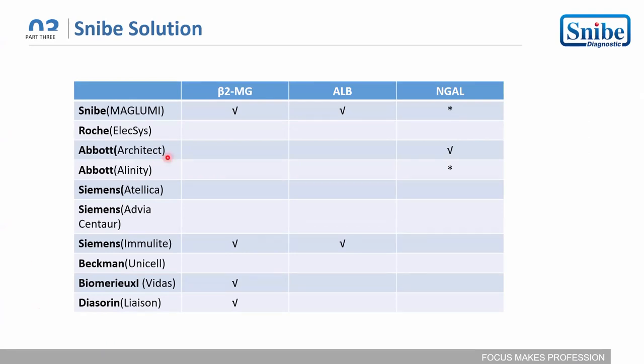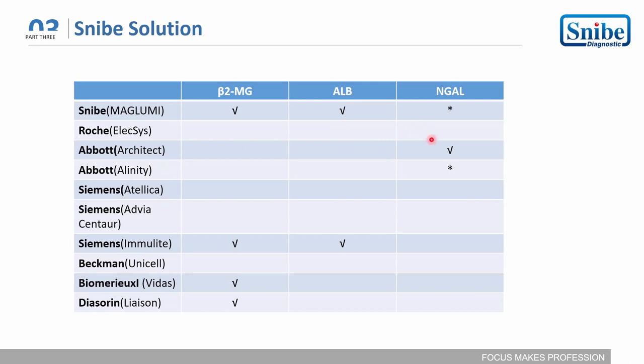So SNIBE has a solution on the MAGLUMI platform for renal or kidney function: beta-2 microglobulin, albumin, and NGAL. SNIBE MAGLUMI also provides NGAL on that platform, while other companies like Roche do not have these two analytes, neither the renal function panel nor NGAL.